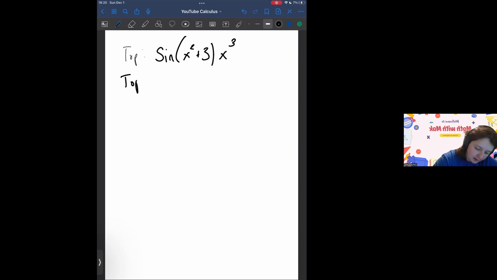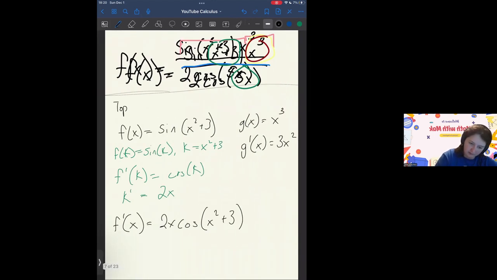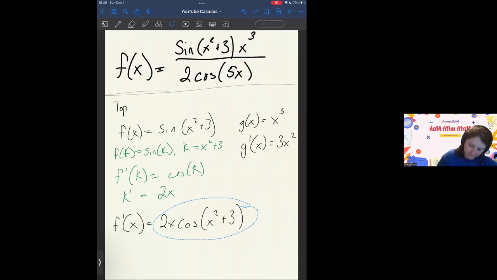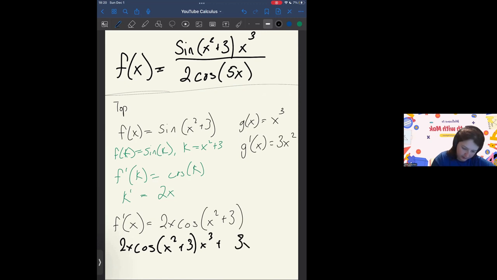And we have the derivative of the top, which we found over here. Oh, we forgot to multiply it, didn't we? Because now we have to do 2x cosine of x squared plus 3 times x cubed plus 3x squared times sine of x squared plus 3.